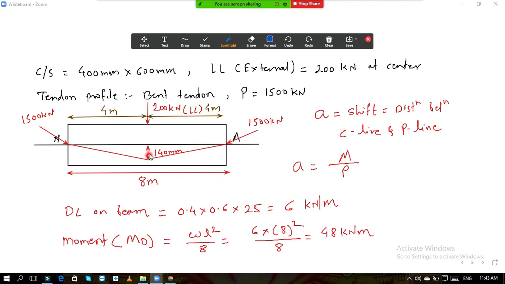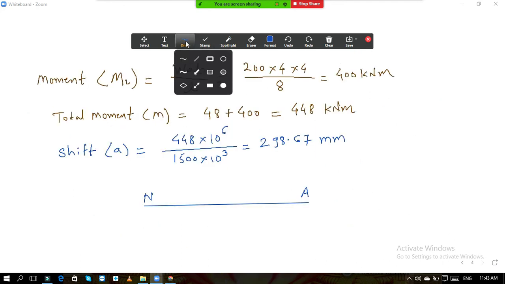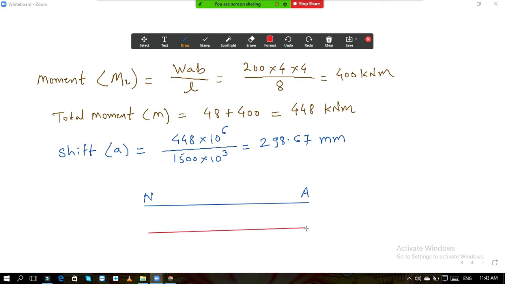What is the eccentricity? 140 mm. So the eccentricity of P line is 140 mm. Okay. So I will draw here the P line first. So this is P line.